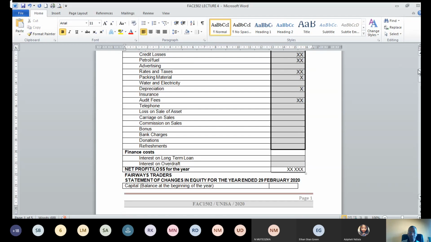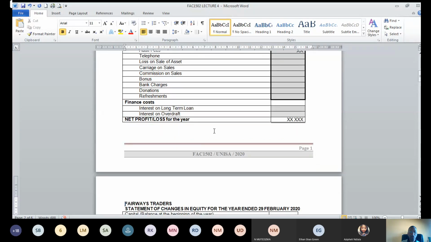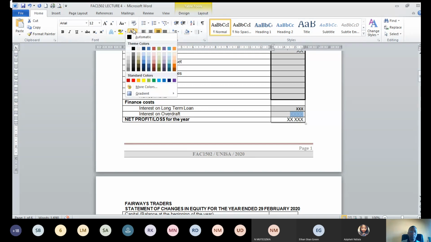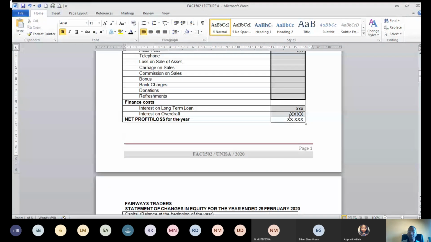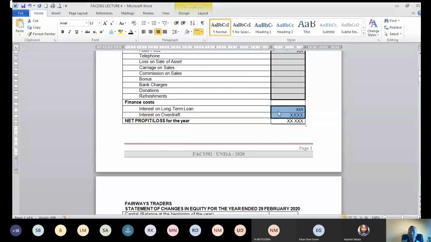Under your finance cost, you look for any interest on loans, whether there are any interest on overdrafts, add that up, put that in a block for finance cost, and that will give you the total of finance cost.